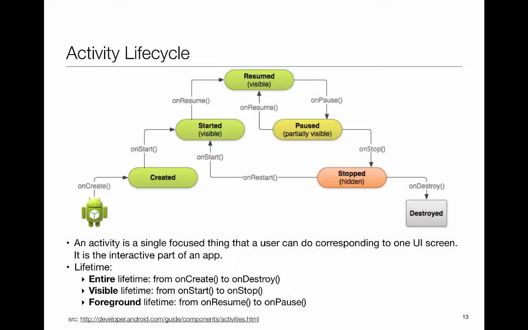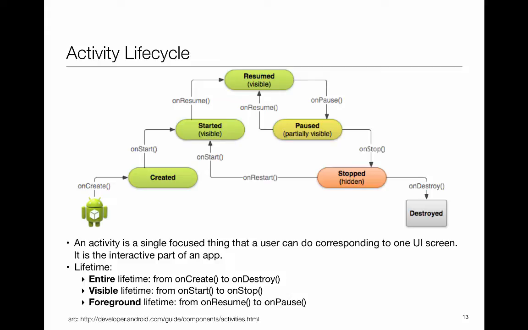For example, when you are running an Android app, probably some notification pops up and you want to look at it. At that time, because the activity is partially hidden by the notification bar, you are in the visible but not the foreground state. But after you look at the notification, you put that bar back up, and then you start focusing on this app again, and the activity goes into the foreground state.